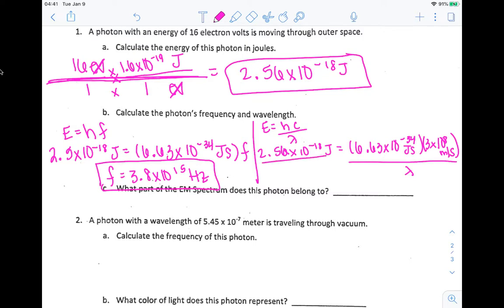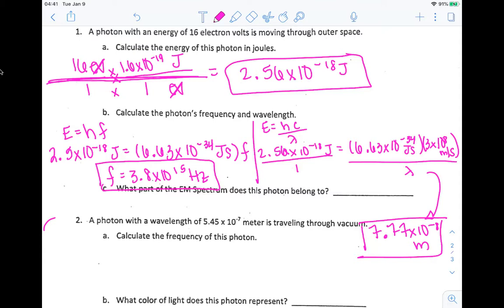When in doubt, put your left side over 1, cross multiply, divide, do all the math, and hopefully you ended up with the same answer as me, 7.77 times 10 to the negative 8 meters. We were solving for wavelength.